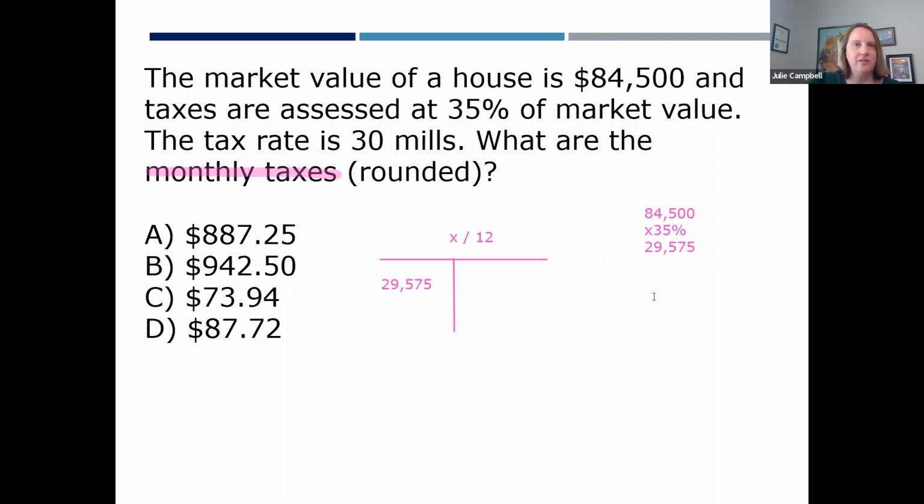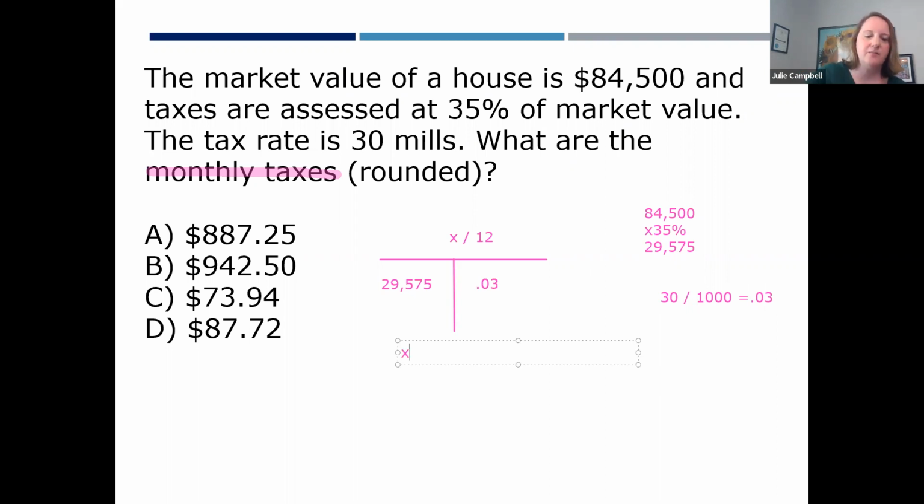Now we're dealing with mills. Before, we took our tax rate per 100; mills are per 1,000. So to find the rate, we take 30 divided by 1,000, and I get a rate of 0.03.